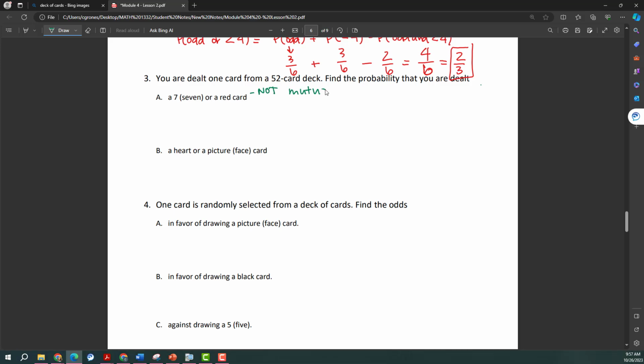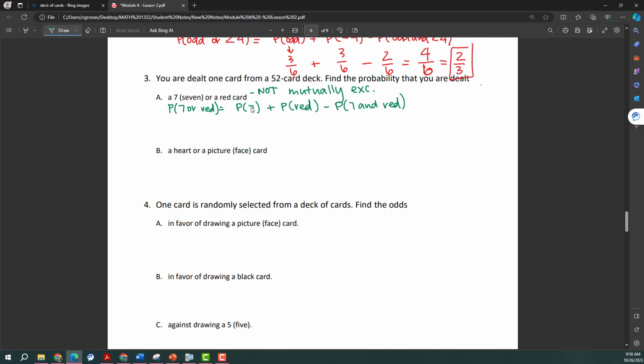So we'll use that same formula. We'll take the probability of 7 or red equals the probability of a 7, add it to the probability of red, and then subtract the probability of 7 and red.